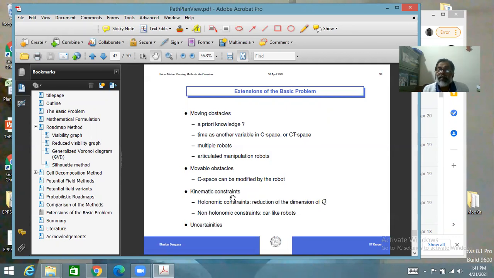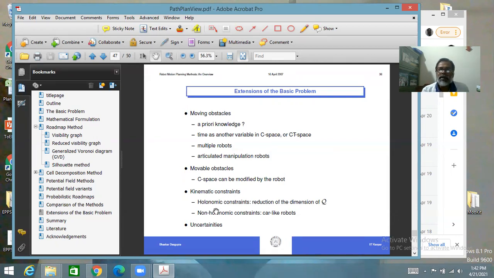You cannot have arbitrary velocities. You have to go this way and then adjust and then come reverse and then go like this and so on. And this is an additional headache for planning. You have to work out such possible 2D motions which allow you a gross motion in 3D. It is possible, but that has to be handled.